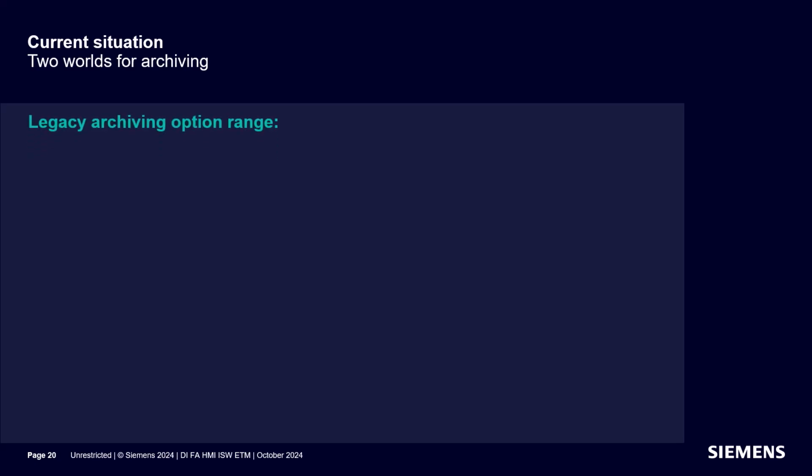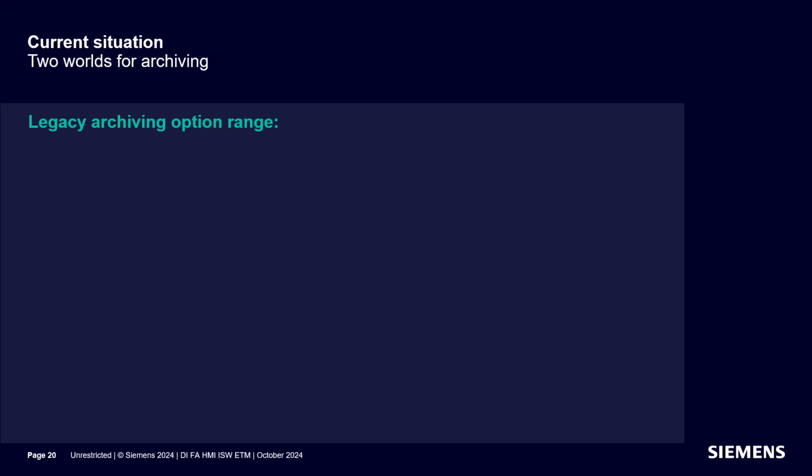Our next topic we are going to cover is strategy. In the field of archiving, we currently navigate between two distinct worlds: legacy and state-of-the-art solutions. While the previous archiving solutions were and are still fine to use, they have their limits and are not future-proof for the long term.